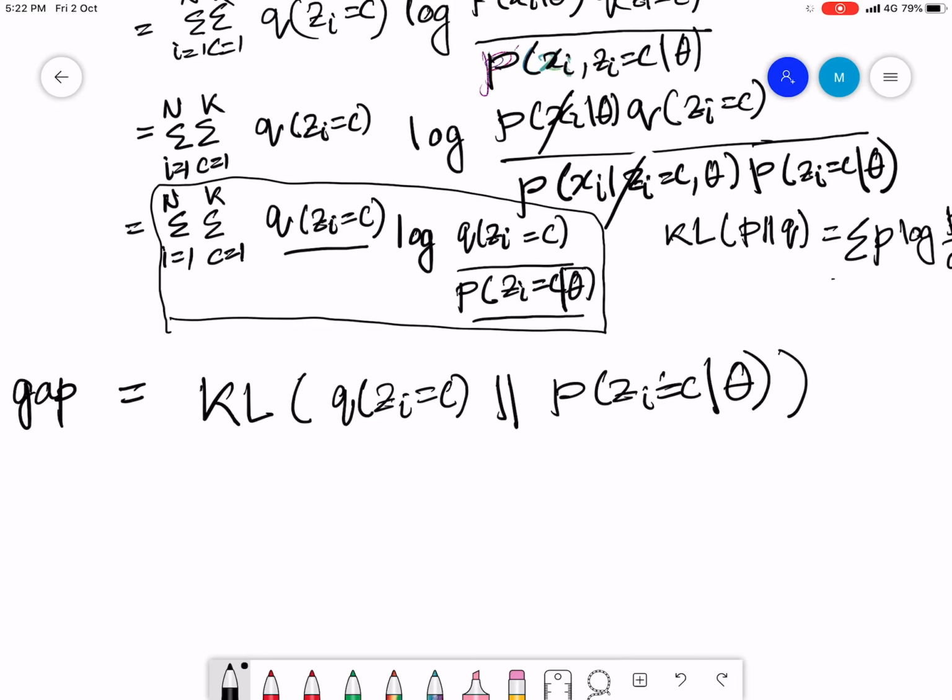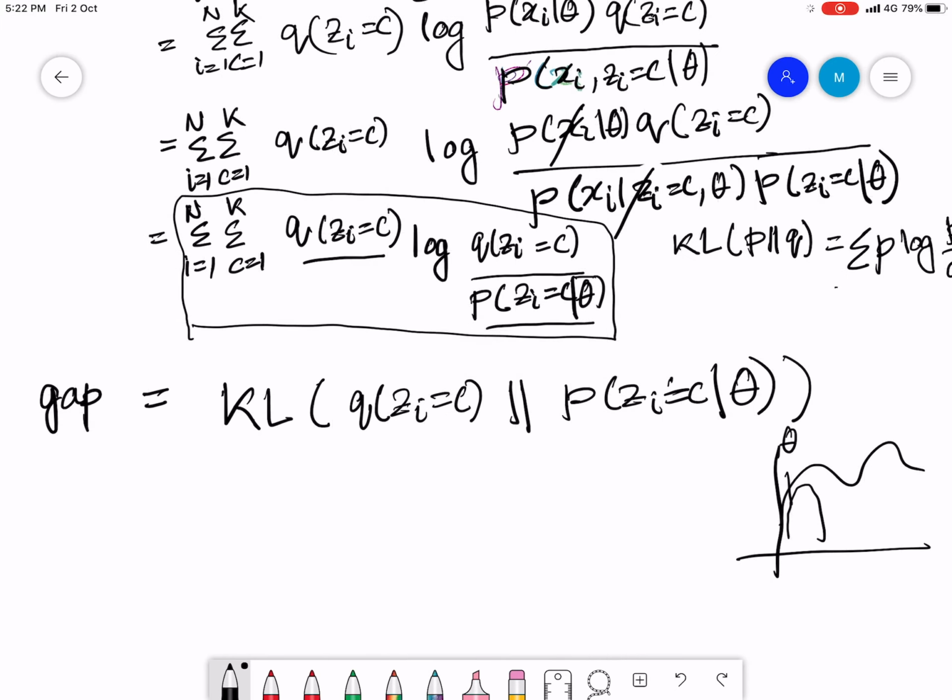So as you remember before, we tried to change Q at some particular theta such that this gap is the smallest. That means the lower bound is as high as possible.